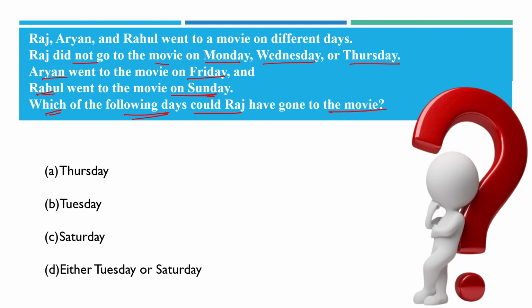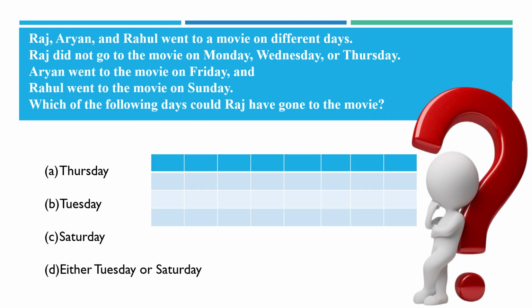Okay, for this, let's first draw a table, note down the days and the names, and let's note down the given details. Raj did not go to the movie on Monday, Wednesday, and Thursday.